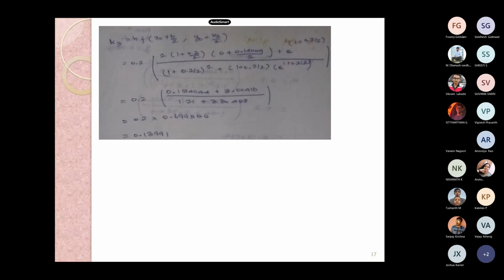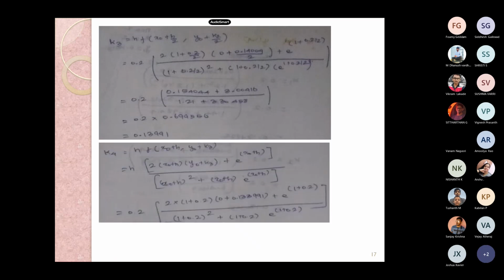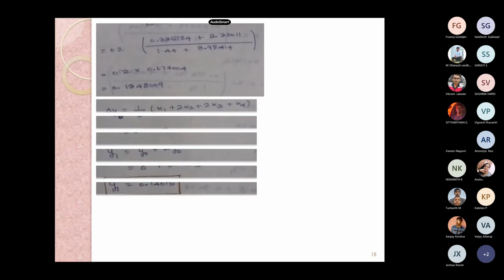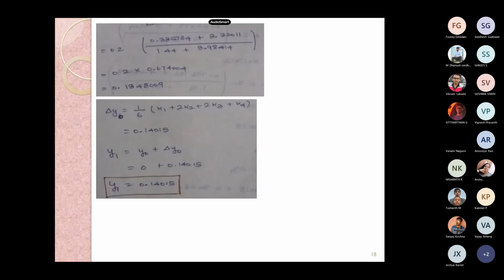For k3 it is 0.13991. This is k4, 0.134809. So delta y naught is equal to 1 by 6 into k1 plus 2k2 plus 2k3 plus k4. And this is delta y, 0.14015. And this has to be added to y. Therefore y1 is equal to y, which is 0, so there won't be any change, and y1 is equal to 0.14015.